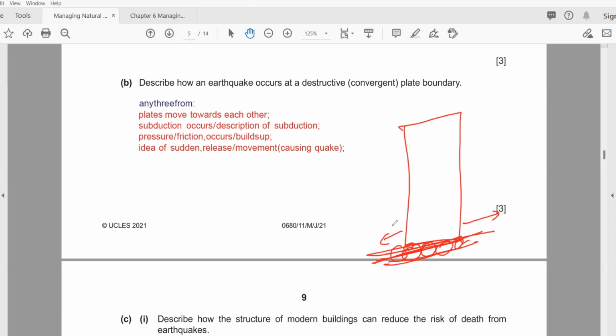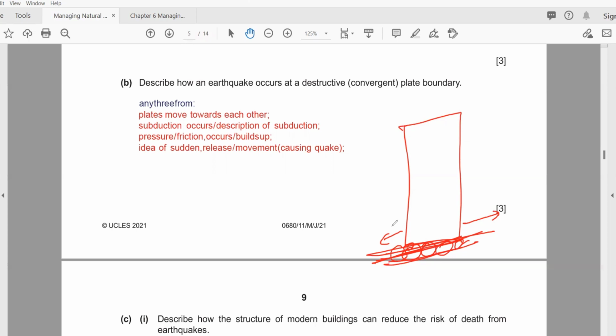They have this much flexibility in the buildings. Got it?